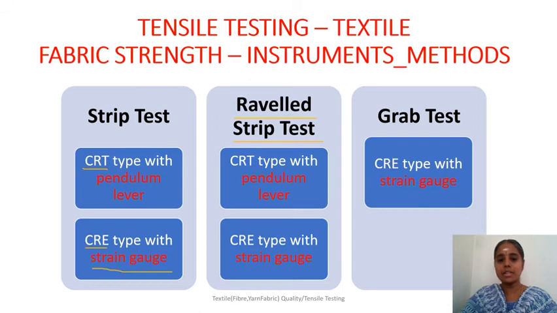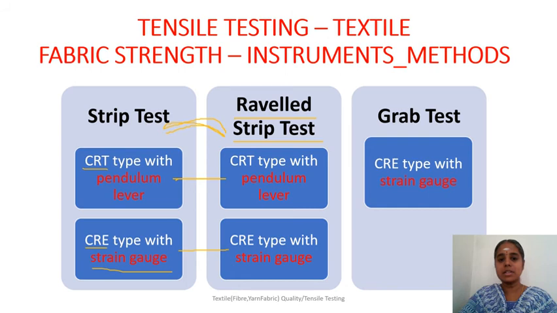The instrument remains the same. The sample looks different, the sample size is different, and preparation is slightly different. For the CRE type instrument, the instrument and the jaw are also the same, but the sample that we are holding is different.